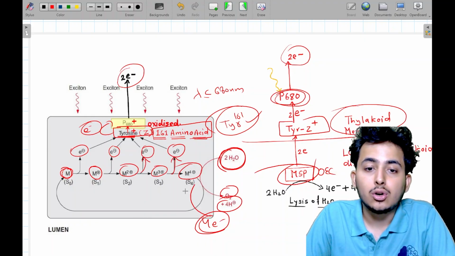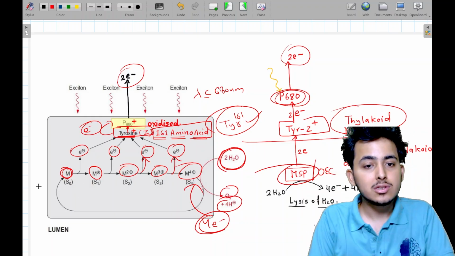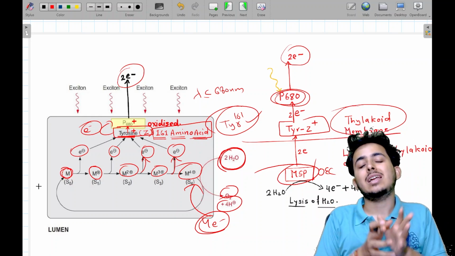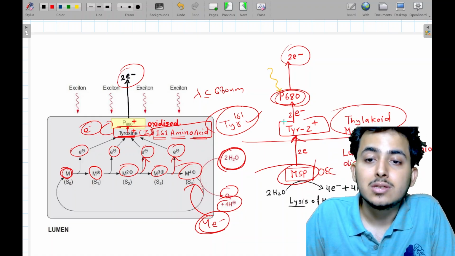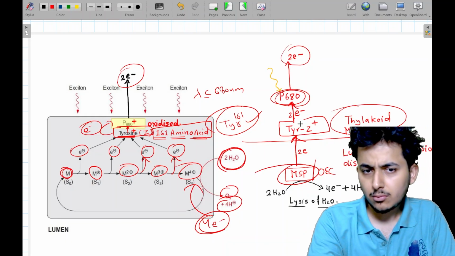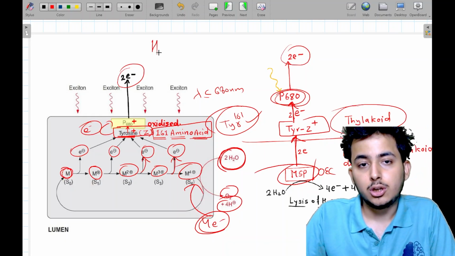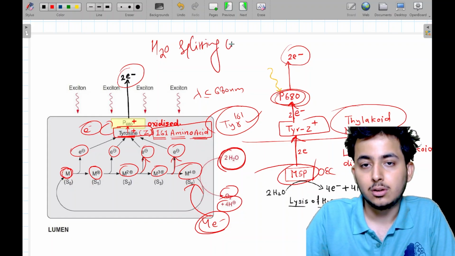These 4 electrons stabilize this and it again becomes M, and this cycle continues: the photolysis of water as well as the electron transmission from the complex to tyrosine Z to P680. So this process continues. I hope the water splitting complex part is clear to everyone.